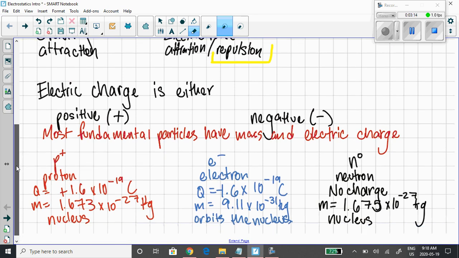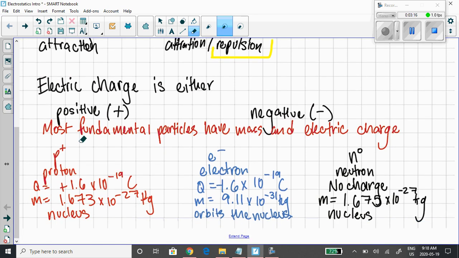So let's do a quick review of that. I know you've seen this before. Protons, P plus. Look, it's got a positive electric charge, tiny amount, 1.6 times 10 to the negative 19 coulombs. It also has a tiny mass, and it's found in the nucleus. The electron, e negative sign. Look, also has a small charge, but it's negative.